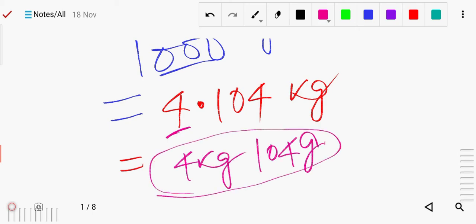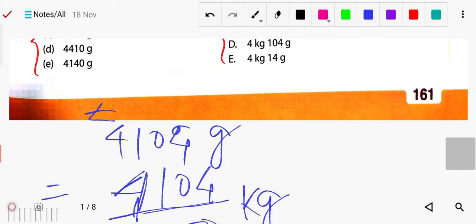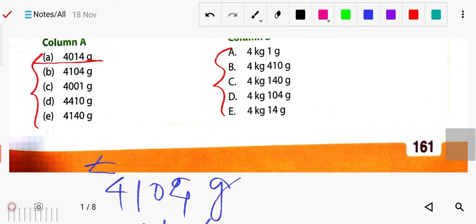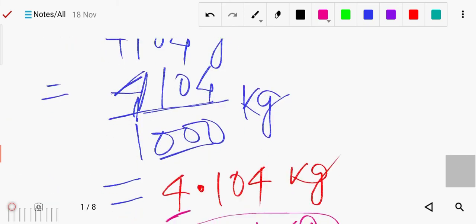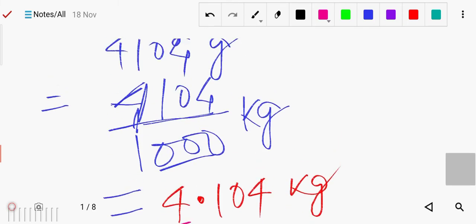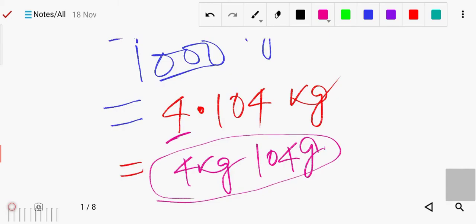Here I thought I made a mistake, but it is correct, it is number B actually, 4104. So we got 4.104, so 4 kg 104 gram.